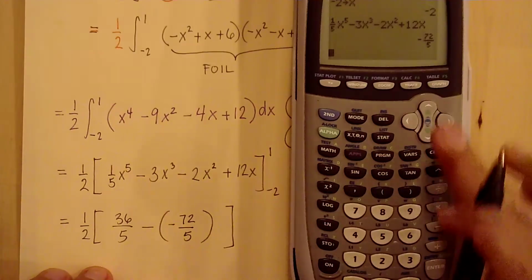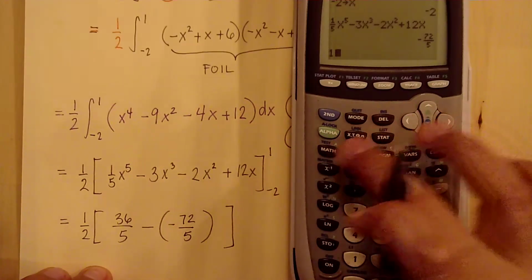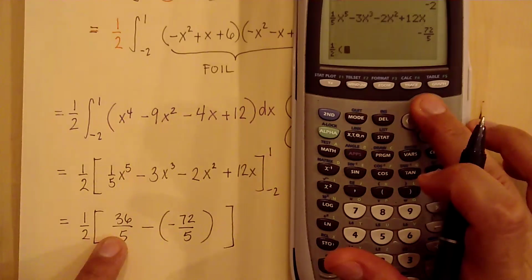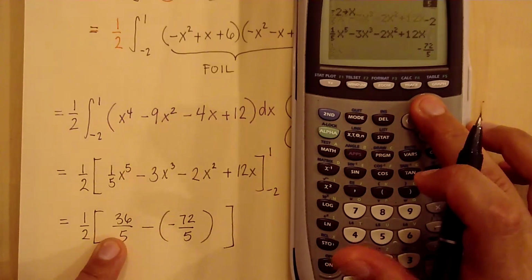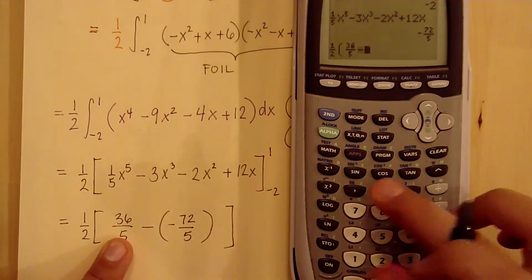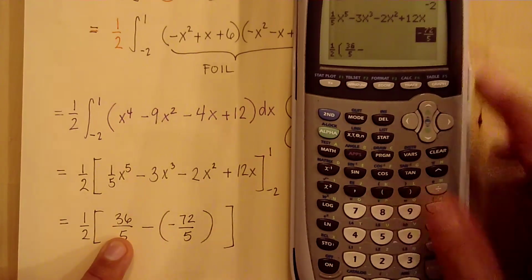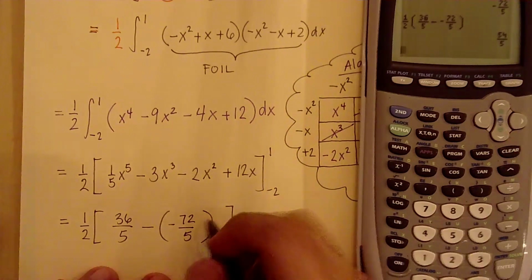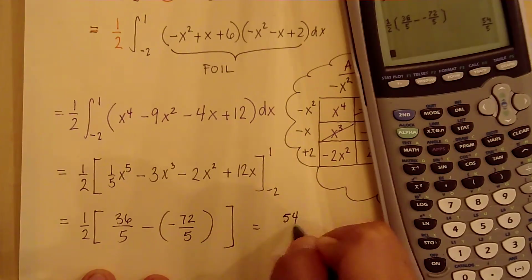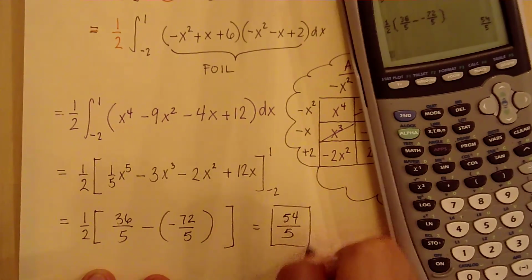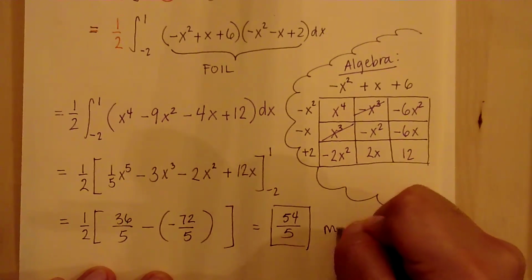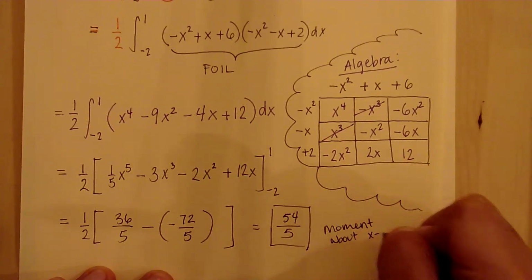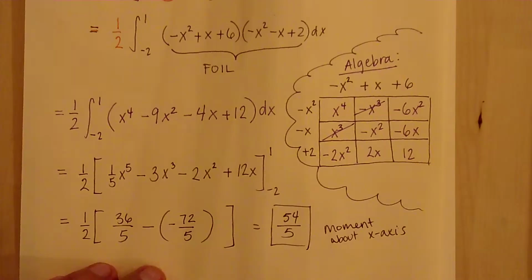And now I'm just going to put 1/2 times this 36/5 minus this 72/5 in parentheses like so. And I'm getting 54/5. And that's going to be the moment about the x-axis. Okay.